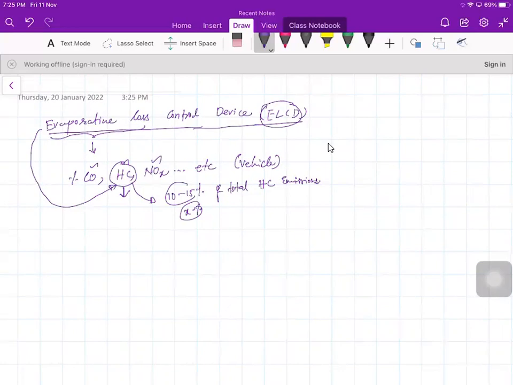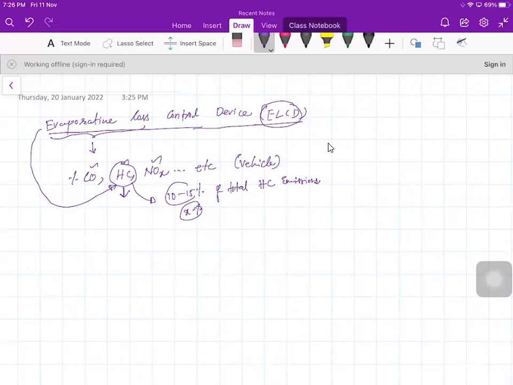There are some figures and statistics which tell how much hydrocarbon in the form of evaporative loss is released into the atmosphere, mainly from refueling stations.